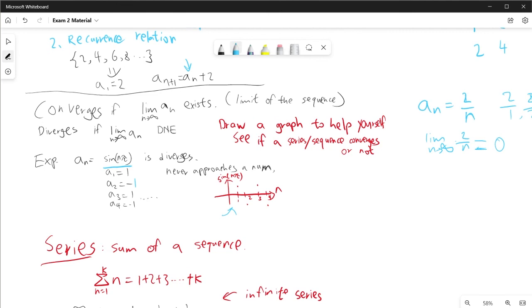This sine goes like here, here, here, then goes down again. It's going from 1 to -1, 1 to -1, oscillating. And this in sequences is divergent because it's never approaching a number. It's oscillating between numbers, and this is divergent by definition.